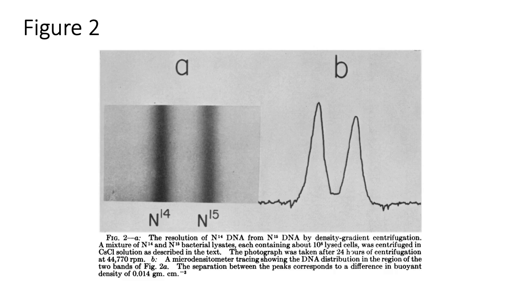And after a second full round of DNA replication, you will have something else entirely. Half of your DNA is going to be half and half, and half of your DNA is going to be N14 only. And so it's going to be shifting. It's not going to just be N14s and N15s. It's going to be a shifting balance.